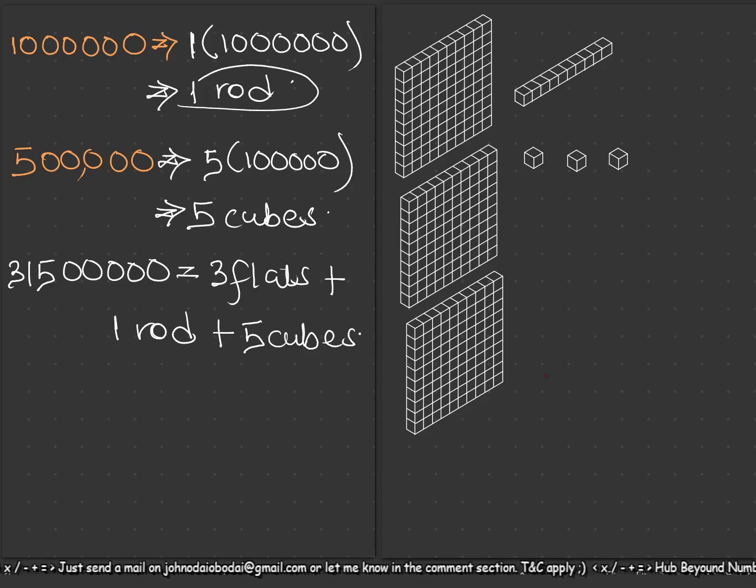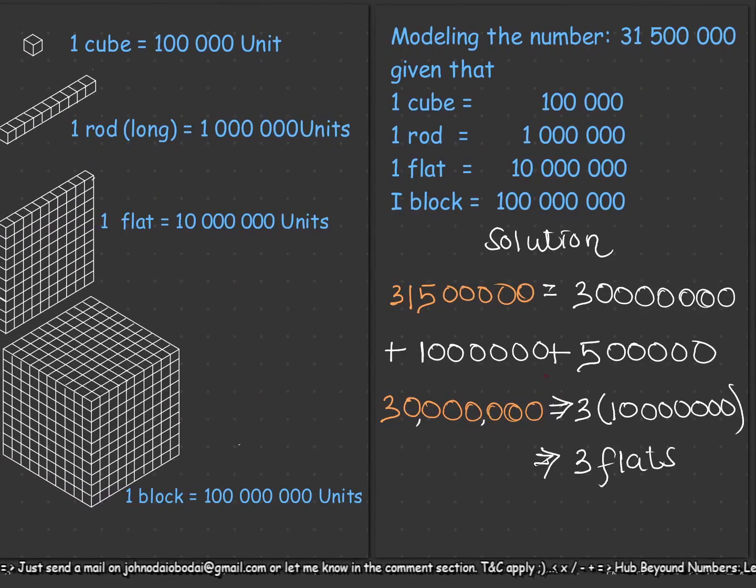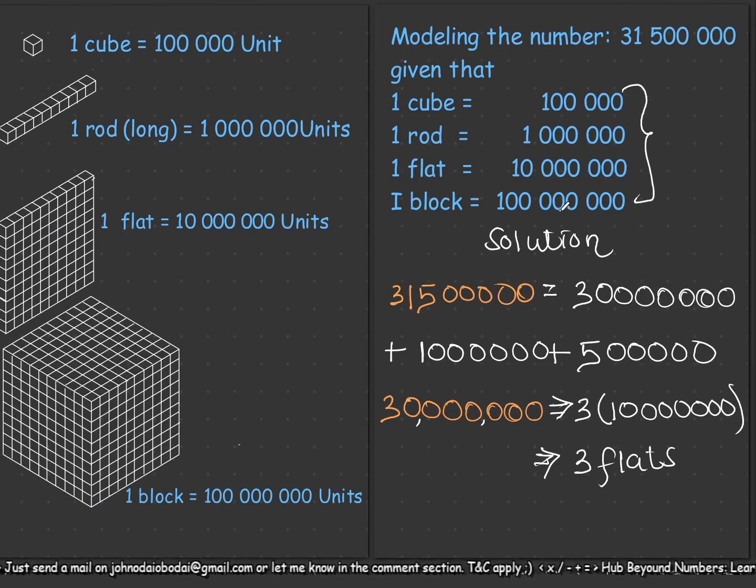This is just similar to how we visualize numbers which are less than thousands. There's nothing different. The only thing you need to take note of here is that this time around, our units have been changed.